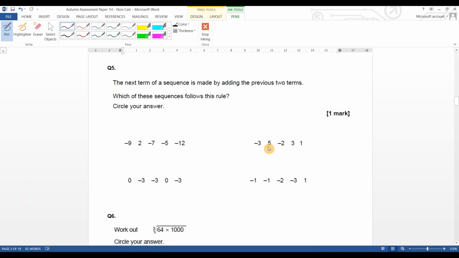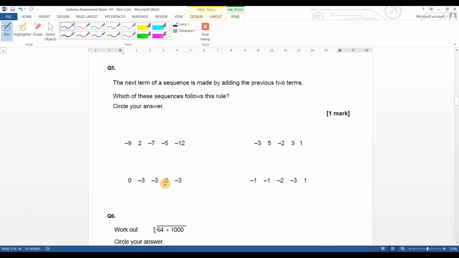-3 plus 5. That's getting warmer. So you're on -3. If you're going to add 5, that's going to be +2. So they've got -2, so definitely not -2. That's not right. Let's check this one. 0 add -3 is obviously -3. -3 add -3.